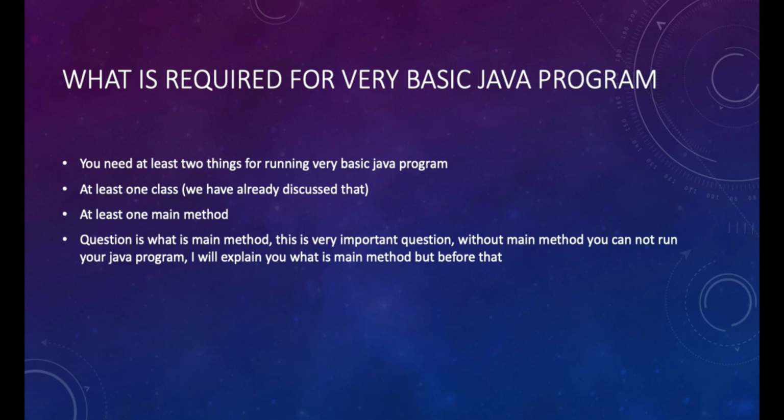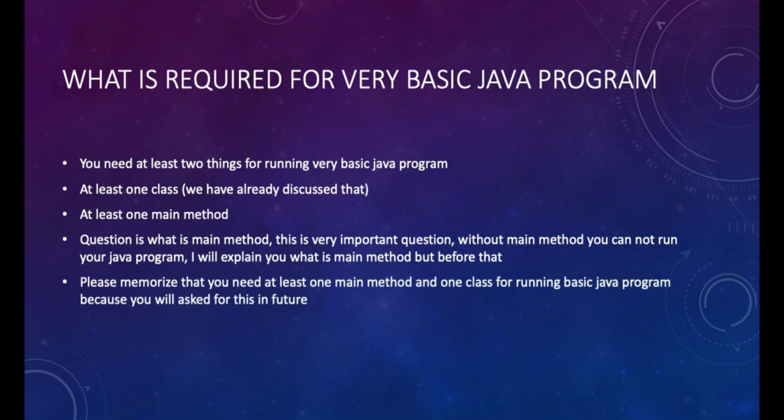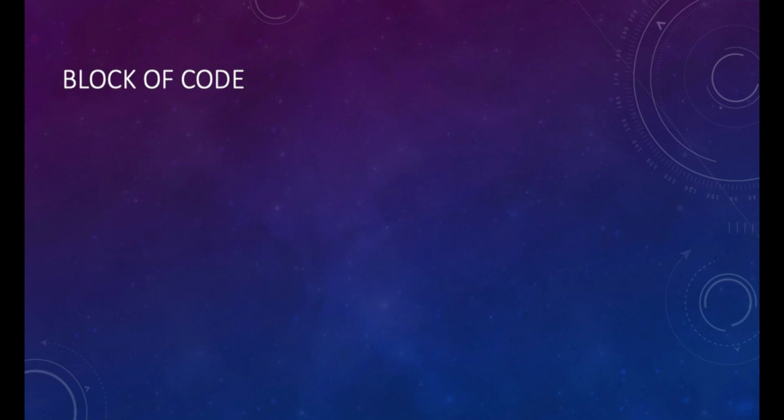This is very important. Without a main method, you cannot run your Java program. I will explain what the main method is, but before that, you must memorize that you need at least one main method and one class for running a basic Java program because you will be asked for this in future.